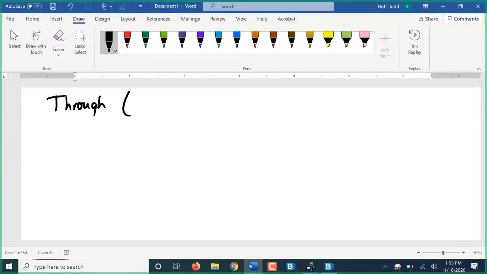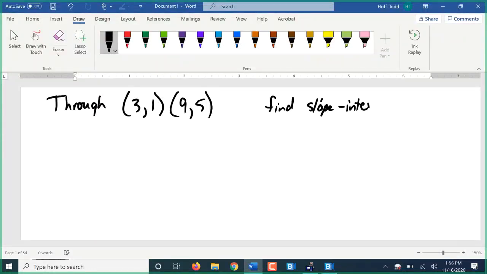We had mentioned that we could find the equation of a line given 2 points that it goes through. If it goes through 3,1 and 9,5, we could find the slope-intercept equation again. Our first step here is going to be to find the slope.